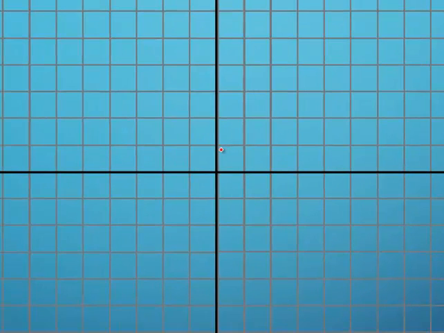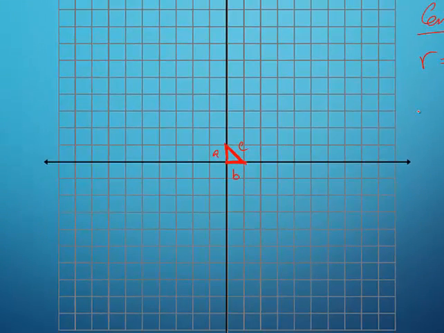Because from here, I can make a triangle, right? There's a small little triangle at the center of our graph. Now let's say we have a, b, and c. So the Pythagorean theorem is c squared equals a squared plus b squared.